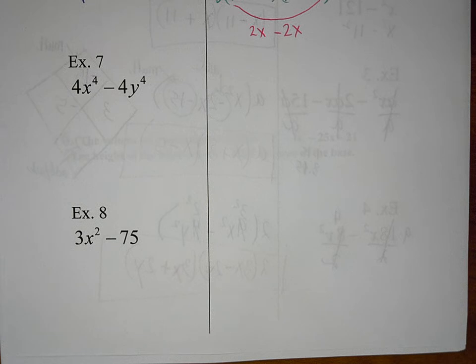No. Because this is a minus, this is a plus, so they're not the same. Yes, and then what else? So this became this, and can you factor that one? No, right? You can't. So you're just going to rewrite it. Because that one's not a difference, it's a positive, and you can only factor difference of squares.